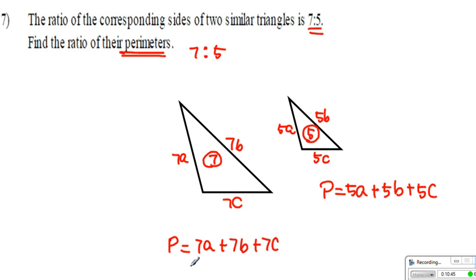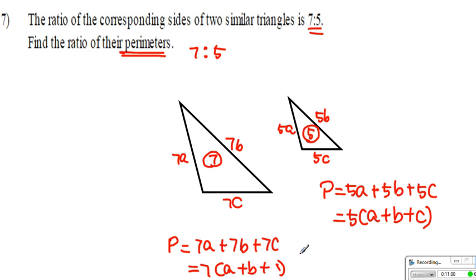You get to realize that this must be equal to 7 times a plus b plus c, while this one is equal to 5 times a plus b plus c. Therefore, even the perimeter is still 7 to 5.